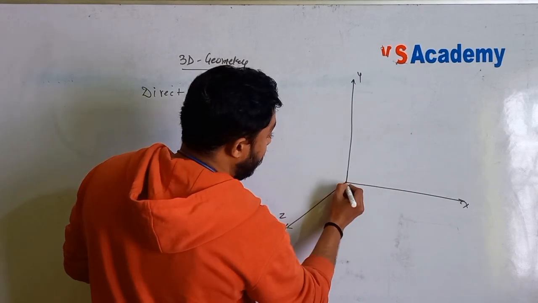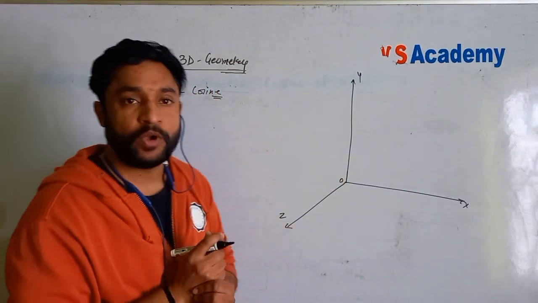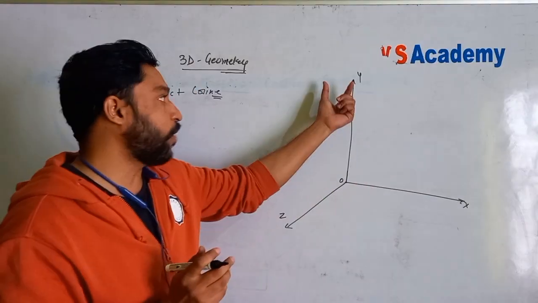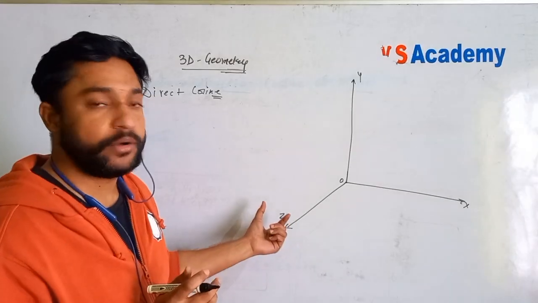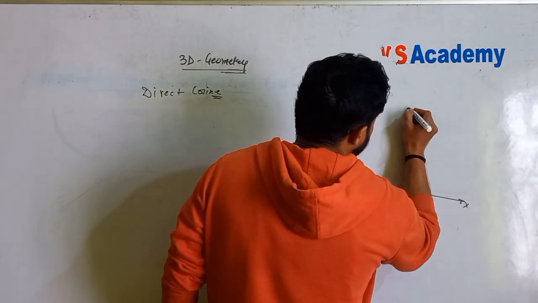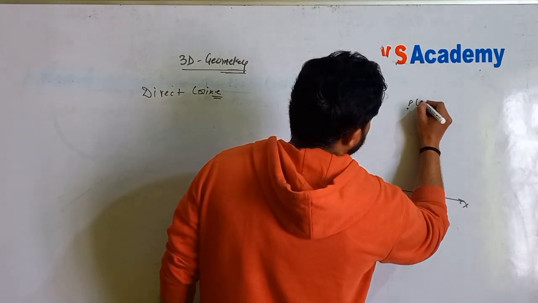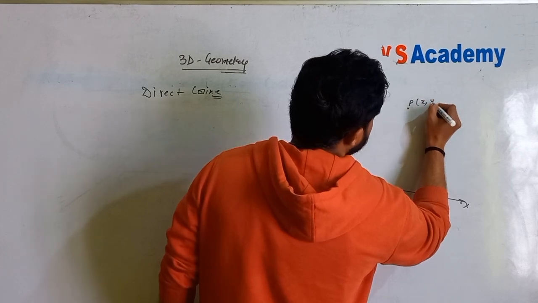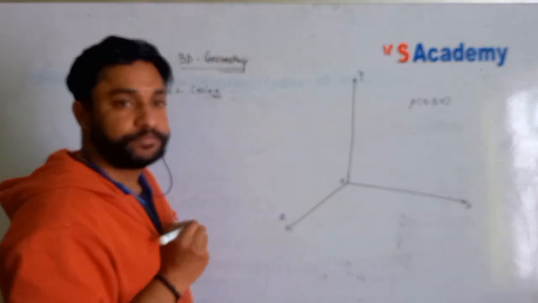So you can see here I have a rectangular frame. You can see on the board the x-axis, y-axis and z-axis, because we are studying 3D geometry. I can take a point P. The coordinates of point P are x, y, z, right?